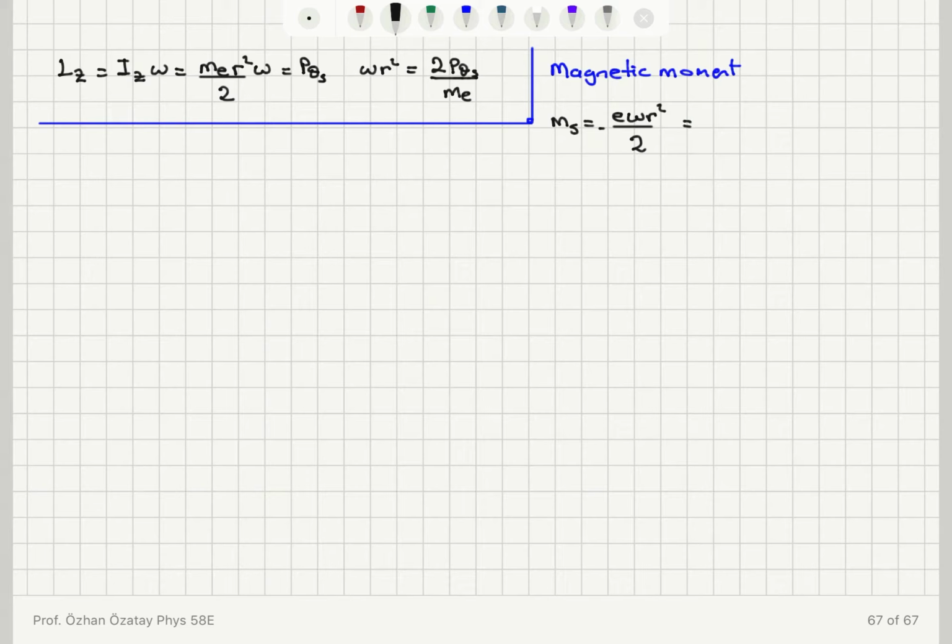So this will be minus, and then I have the electron charge divided by twice the mass of the electron, multiplied by the angular momentum due to spin.